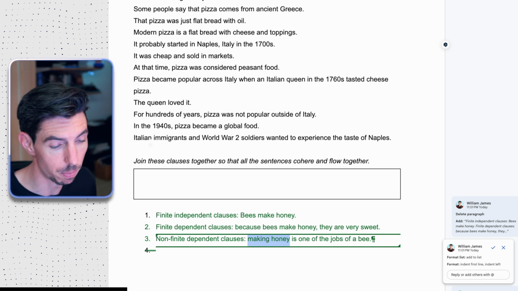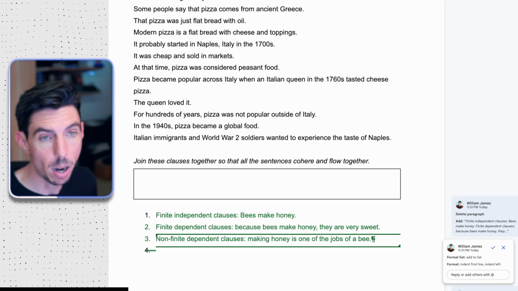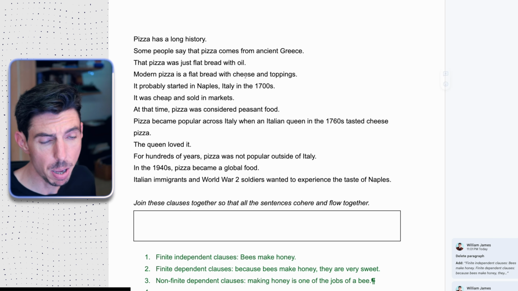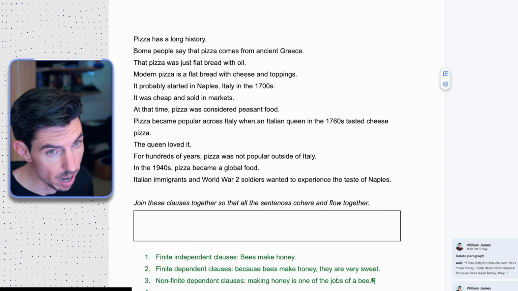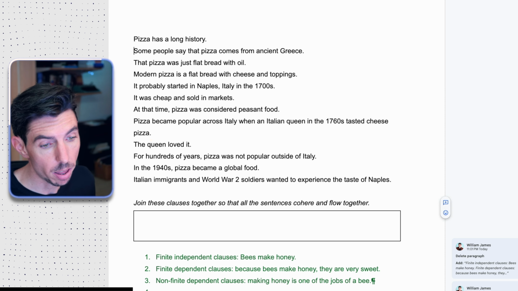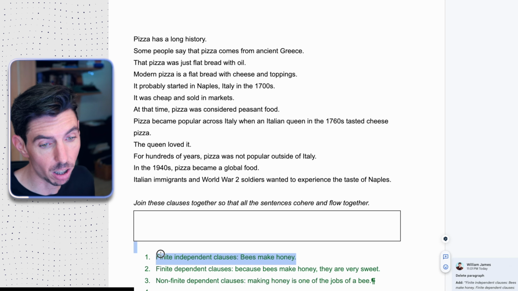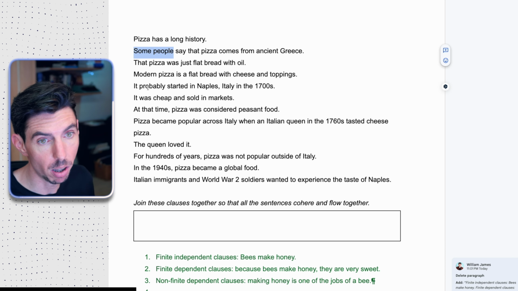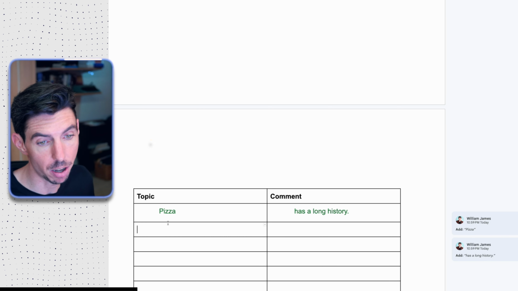That's all of them. Okay, so whenever we look at a clause such as "Some people say that pizza comes from ancient Greece," we do not want that to be an independent clause because that is going to put "some people" in the topic position, and we don't want that.